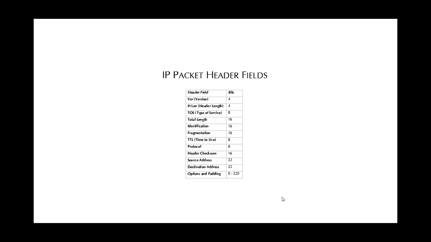Would be low delay, high throughput, high reliability, or normal service. Routers would then route packets along paths with those characteristics. However, this depended on intermediate networks being able to provide those services, which often was not the case. Consequently, the default value of 0, or normal service, was often used.